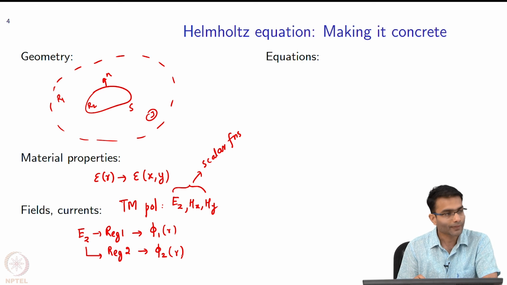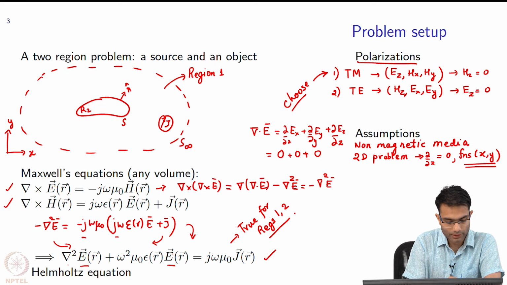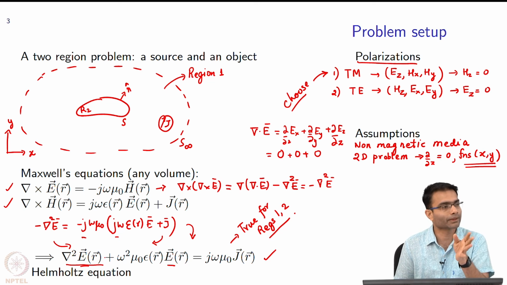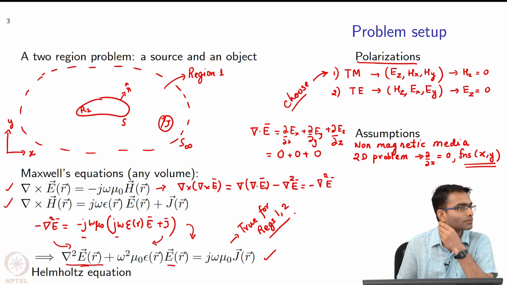Similarly, the current, if I again go back to this equation, the first quantity over here, is it a scalar or a vector? It is a vector, right. Del squared is acting on a vector, it will produce a vector. In what direction is this vector? E is in which direction? Electric field is in which direction in the TM polarization? Z direction.